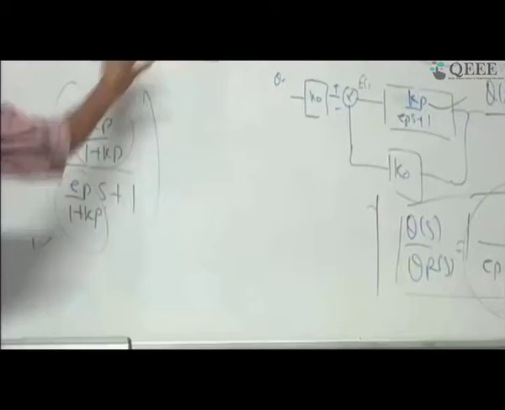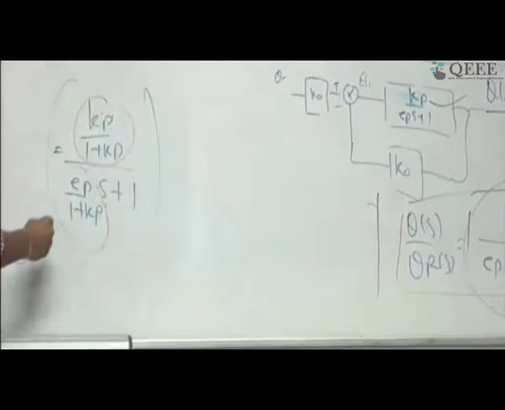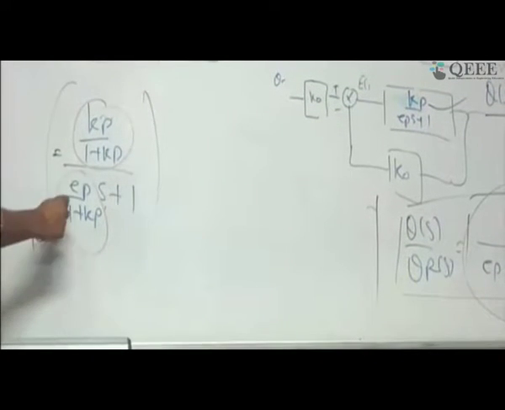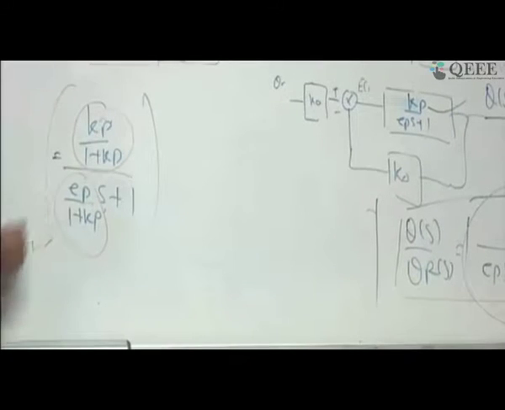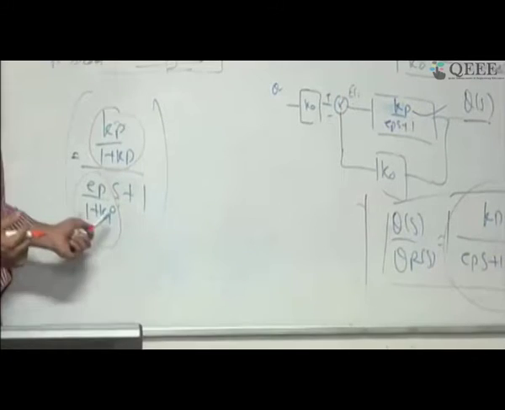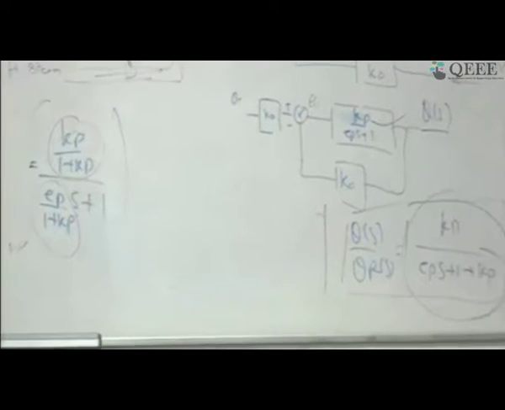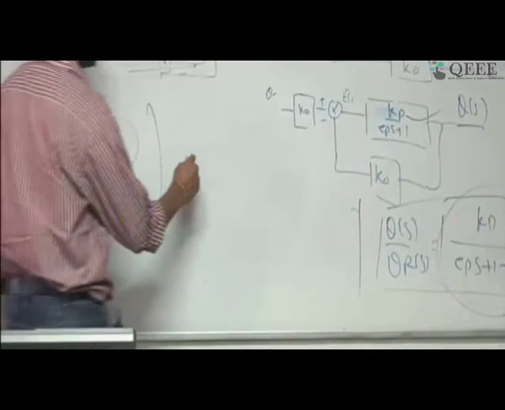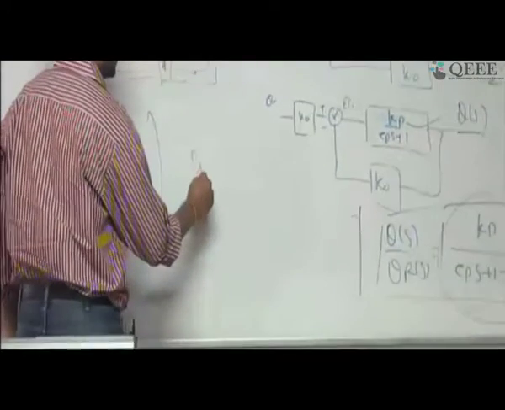If this controller was not there, the time constant would have been tau p. Now it has come down. So we can say that by adding a proportional controller, and increasing the proportionality constant, the system is becoming faster and faster. Now the second thing: what is the steady state value, theta ss, for a unit step input?